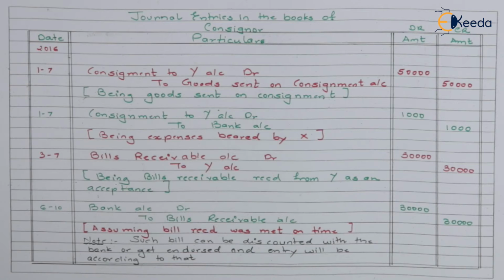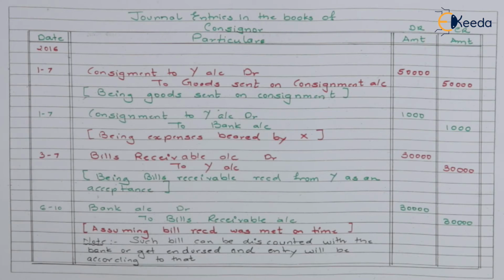Now the next entry will be for the bills receivable that we have received. We will assume that this bills receivable was held and matured. The date here has been mentioned as 6th of October. Considering the bill was accepted on 3rd of July, 3 months after that means July, August, September, and that is done. So 3rd of October is the date, adding 3 days of grace period, which makes it 6th of October.